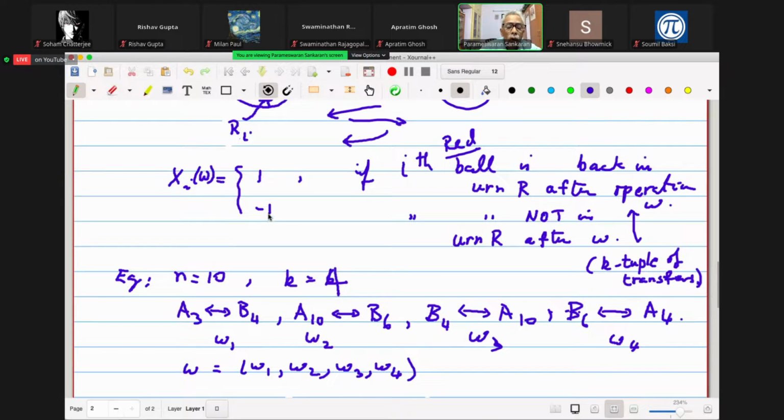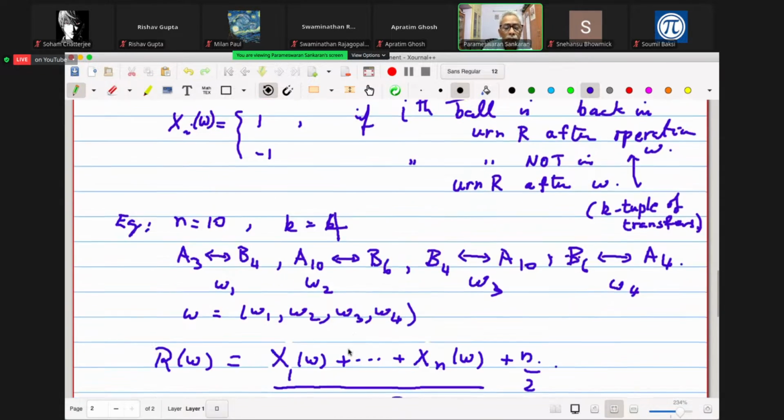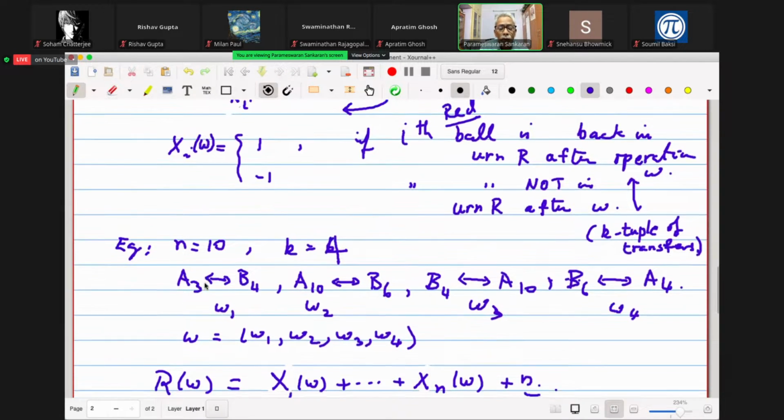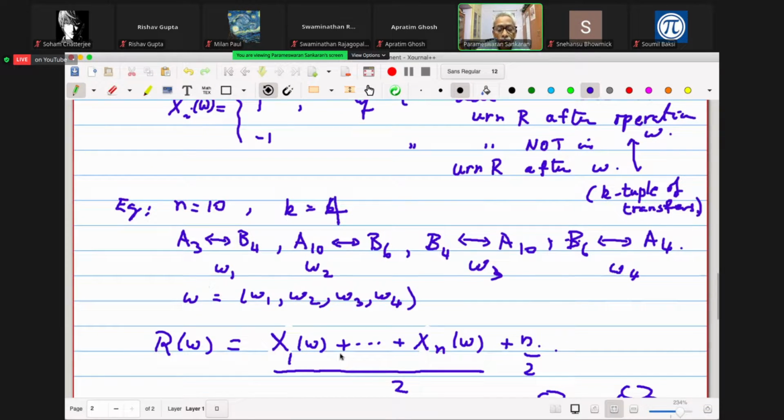Minus 1, minus 1, minus 1 everywhere. And of course, you are counting the number of balls. That's not quite right. So what this expression computes is the change.